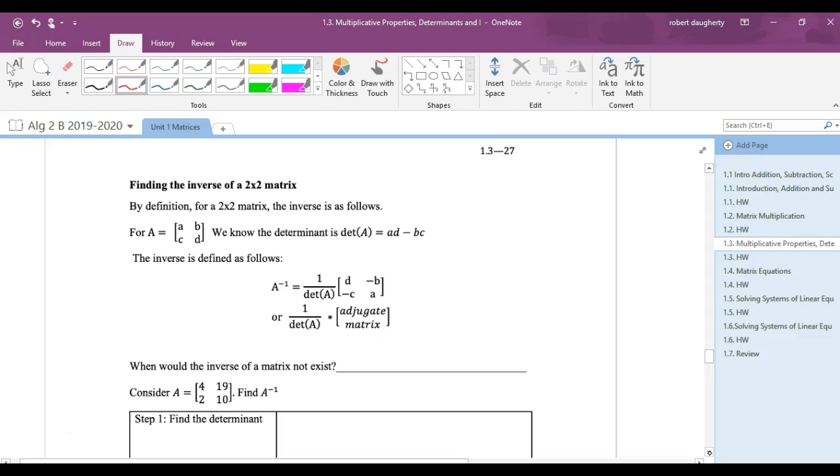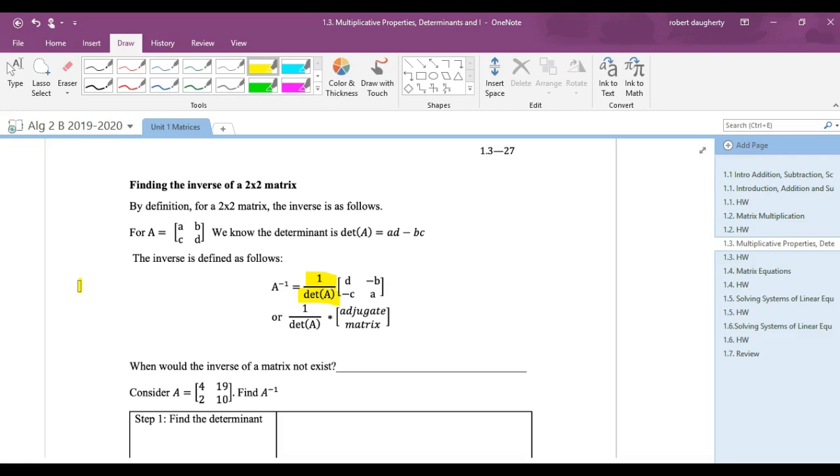Now, can you think of when the inverse will not exist? There's an operation there that might give me something not being defined. What is that? Okay, not a square. I can't find the inverse, that's one point. But look at this right here. I'm going to give you a clue. Look at this part of the formula. When am I going to run into trouble? If the determinant is 0, I will be dividing by 0.